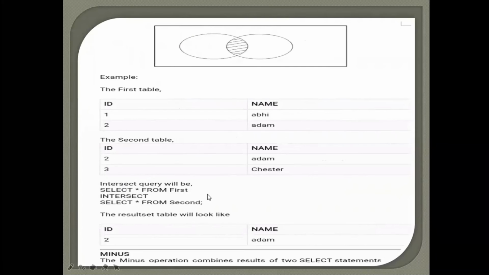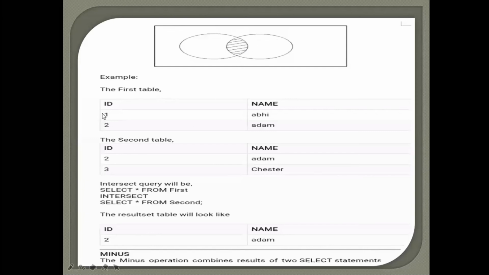We'll be using this query: select star from first, intersect, select star from second. If you see this Venn diagram, the left part is your first table, the right part is your second table, and this is the common part between these two tables. So only this would come as an output.